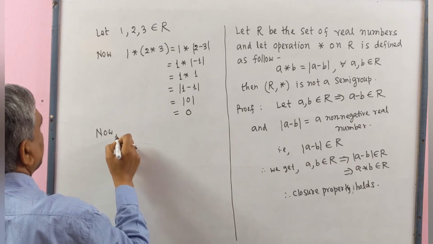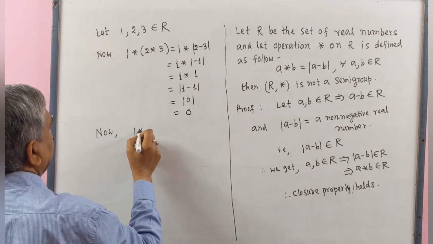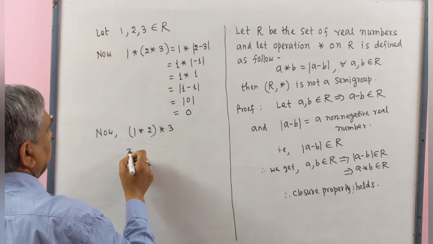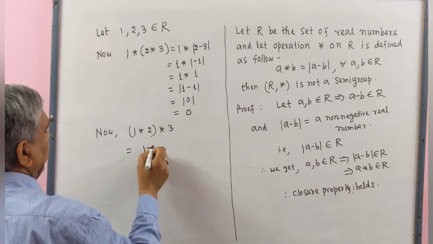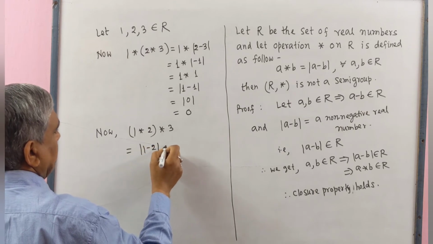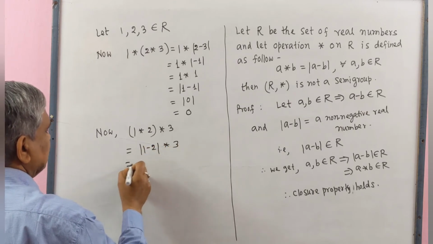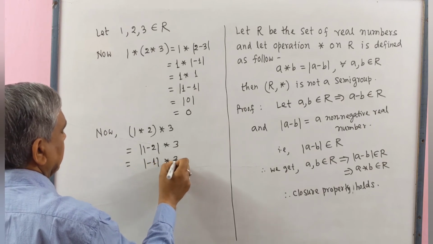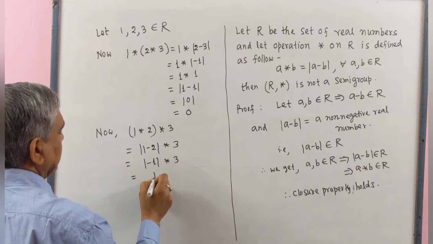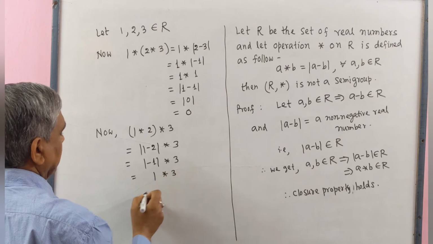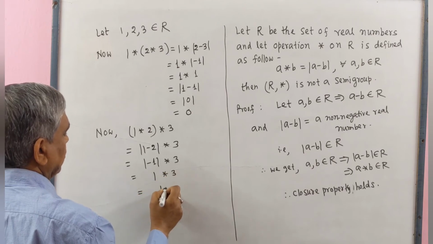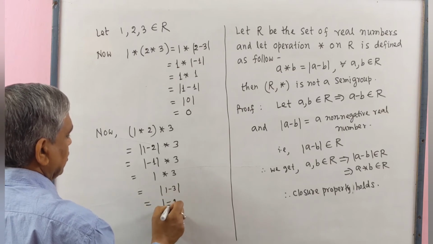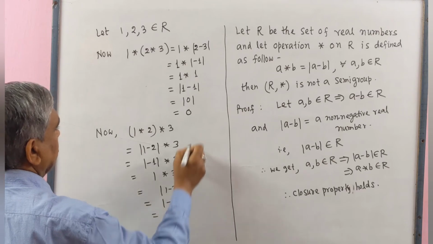Now (1 star 2) star 3, this is equal to |1 minus 2| star 3, this is |minus 1| star 3. |minus 1| is 1, so 1 star 3 equal to |1 minus 3|, this is |minus 2|, this is equal to 2.